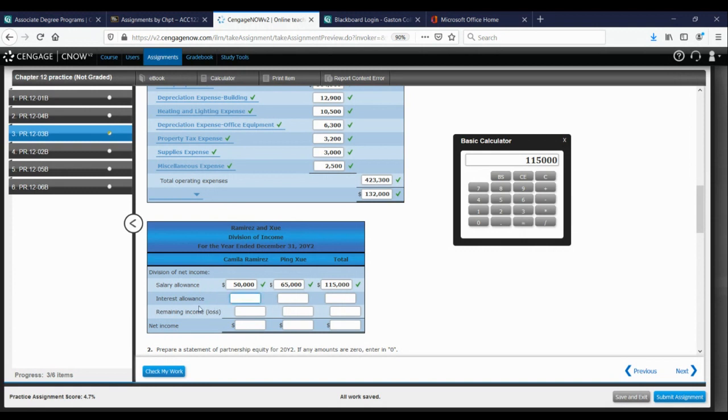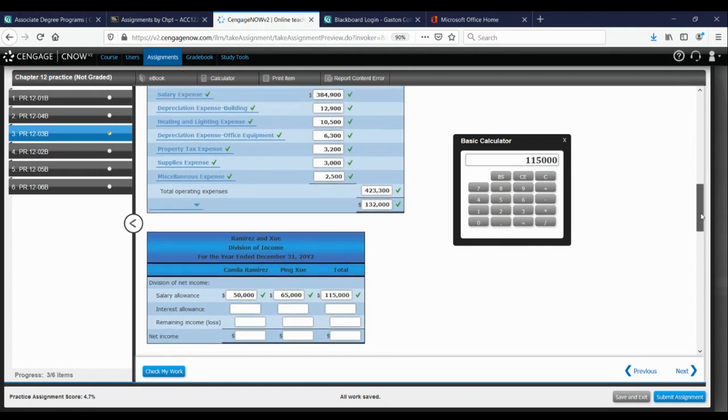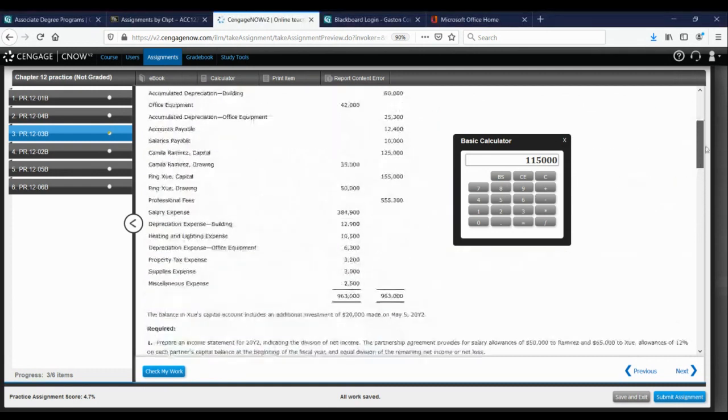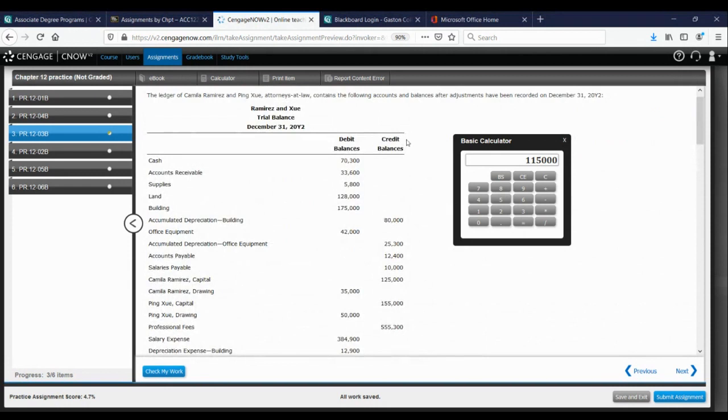The next step is to calculate the interest allowance. And it tells you that there will be allowances of 12% on each partner's capital balance at the beginning of the fiscal year. So notice this trial balance is prepared at the end of the fiscal year.